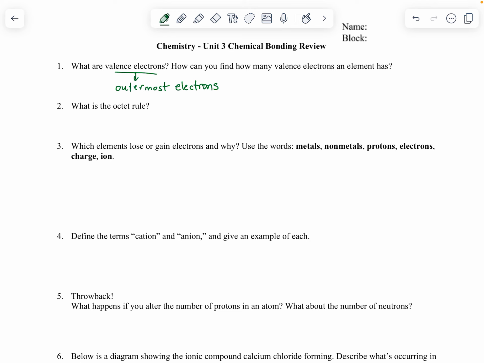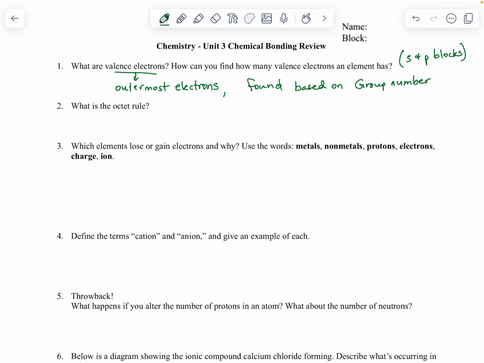They're found based on group number. And so the groups that we're specifically talking about are, if you remember electron configuration, the S and P blocks.